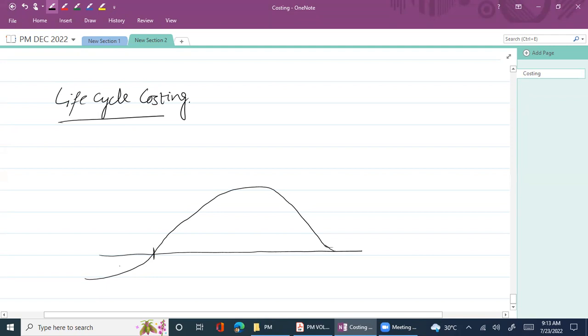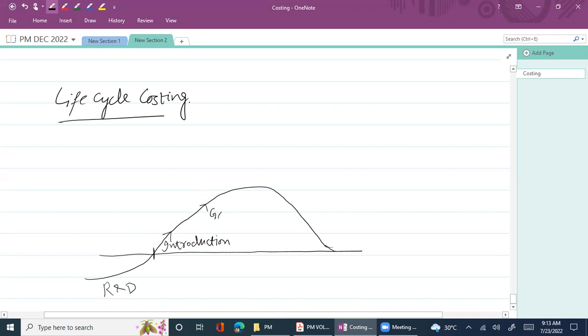The period behind this is known as the research and development phase of the product's life cycle. So the first stage in the product's life cycle is research and development. Then this is the introduction stage, where the product is introduced to the general public for use.